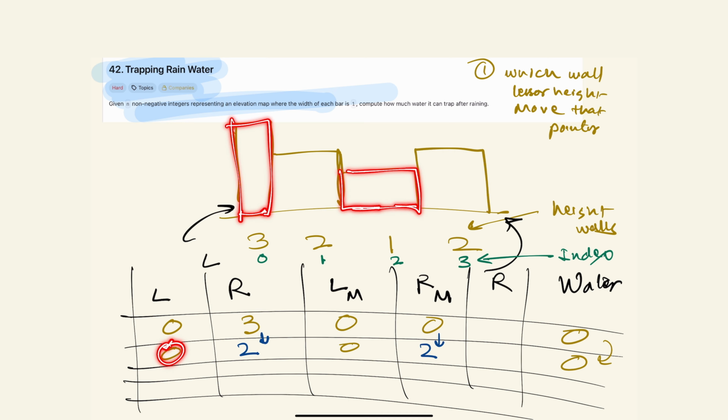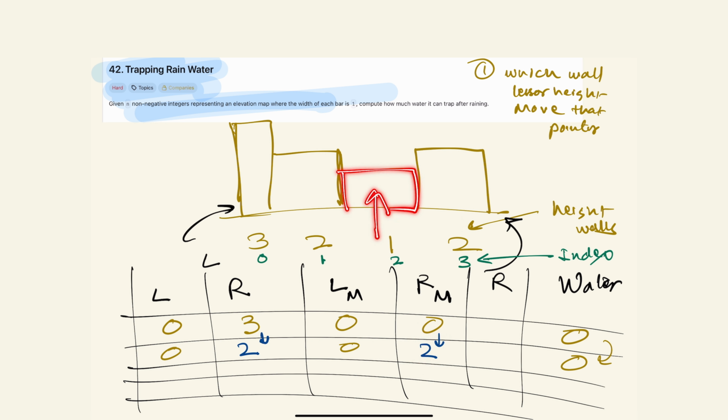Which one is lesser? Height of the wall, again it is the right wall. Now compare with max of right. What was the max on the right side? It was 2. I was holding the max length of 2 on the right side, and right now I'm on this wall.